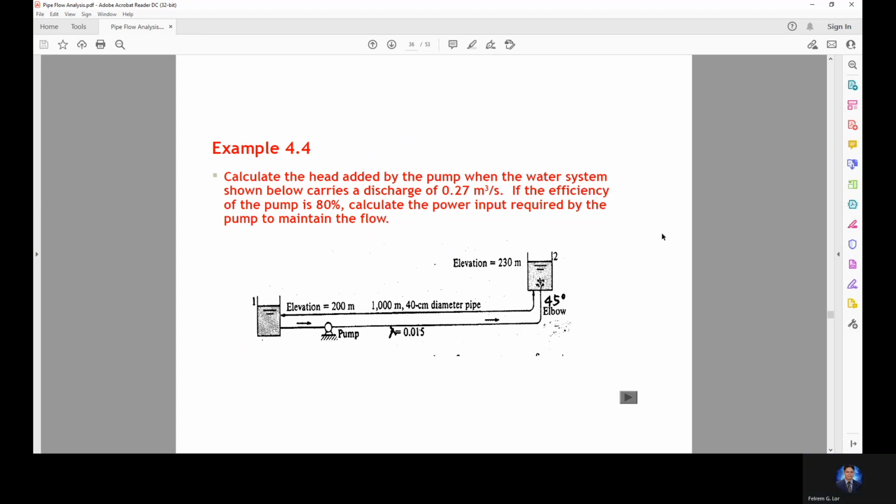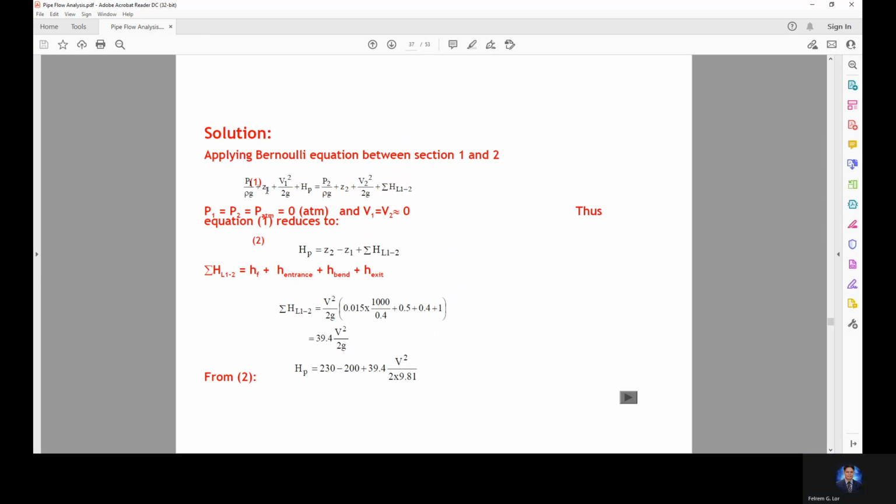Okay? So let's go back here. At point 1: P1, Z1, the velocity head, plus the added head by the pump. Then for point 2: pressure at point 2, elevation at point 2, velocity at point 2, and then the head loss from point 1 to point 2, which is on the right side, with a plus sign.